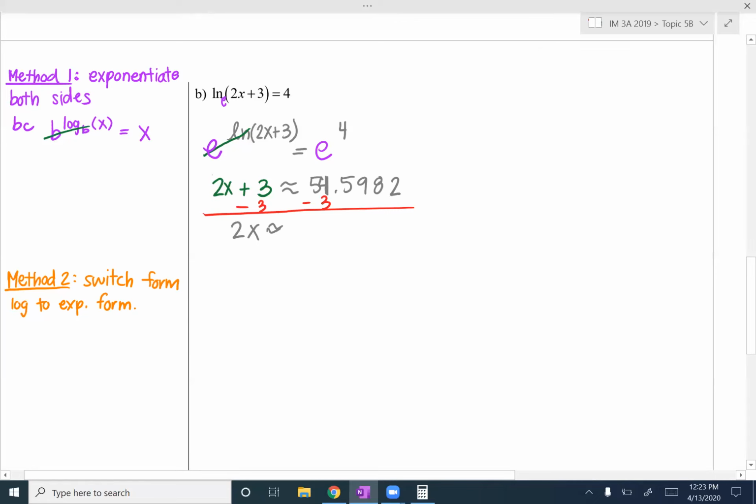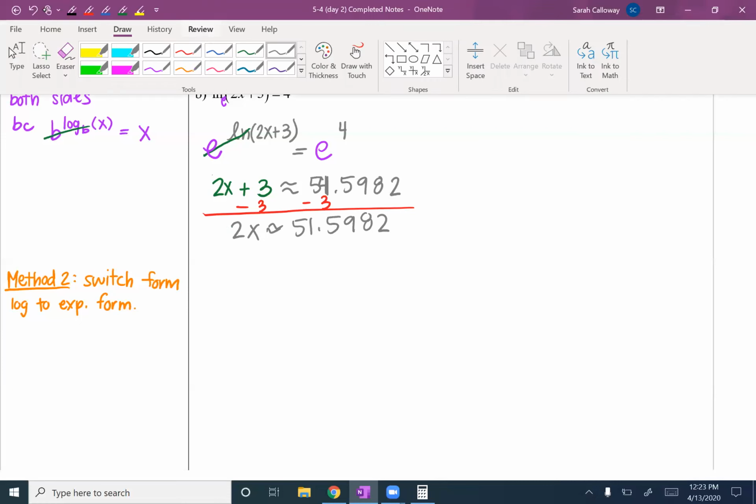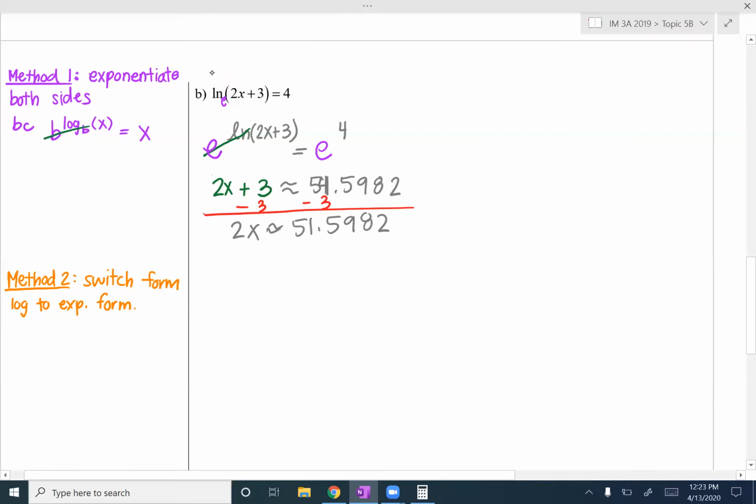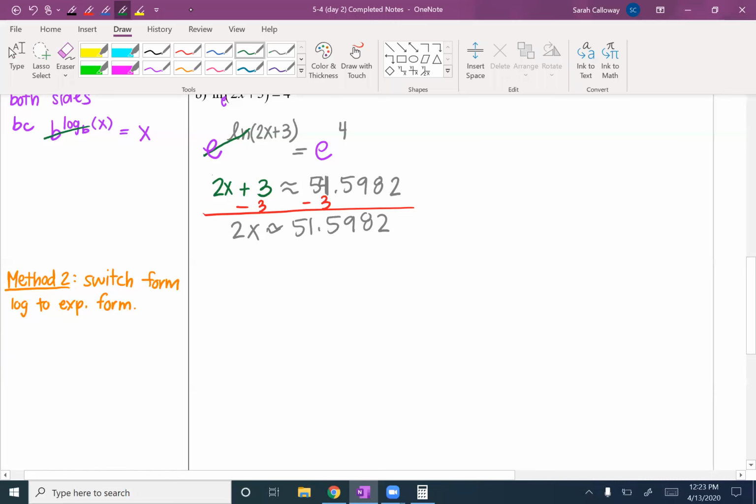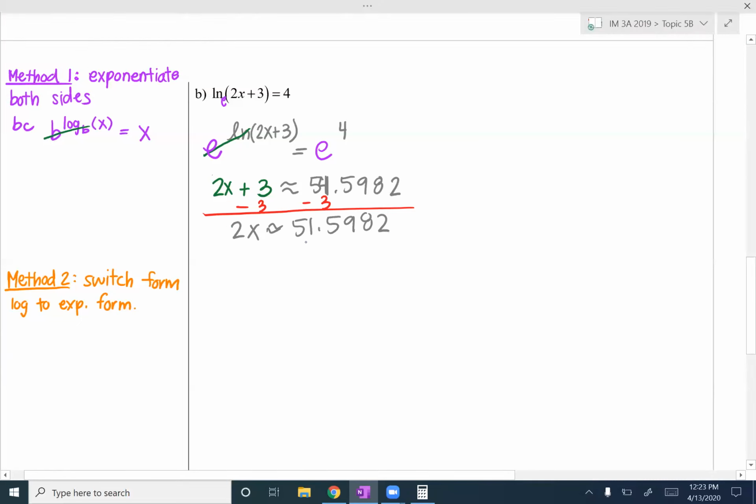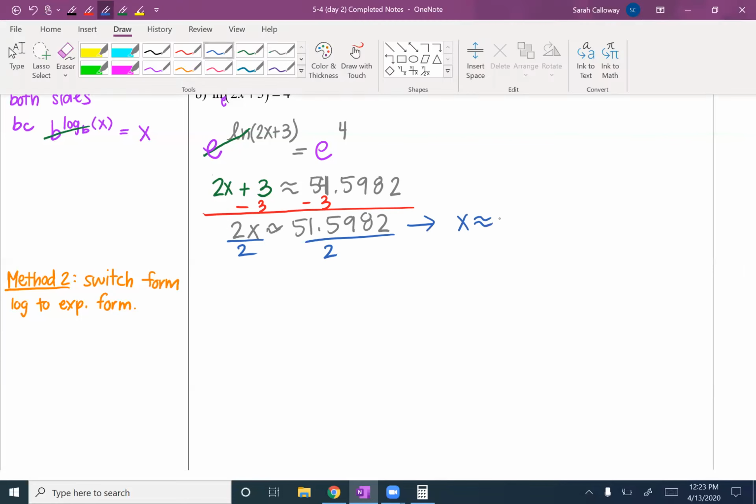And then when I subtract 3, I get 51.5982. And so then to solve for x now, I would have to divide both sides by that 2. So if I divide both sides by 2, that gives us that x is about 25.7991.